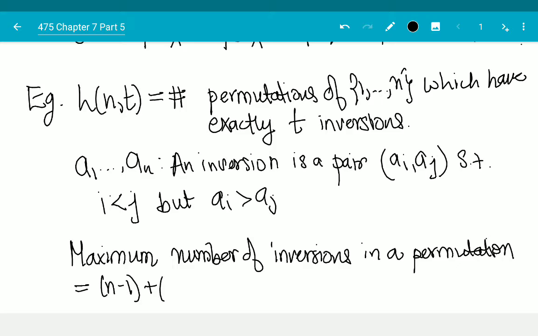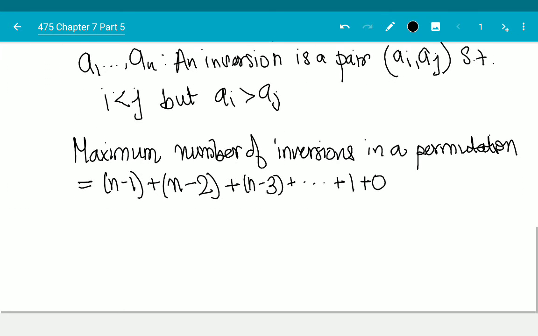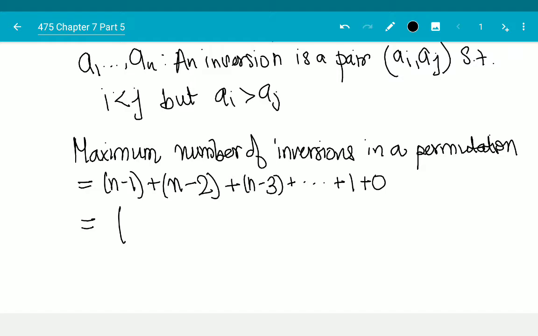For 1 you have at most n minus 1 inversions, n minus 2 for 2, n minus 3, and so on, all the way up to 1 plus 0, and this is equal to n choose 2. We have done this before. You can go back through your notes regarding inversion sequences, and you'll be able to find this.